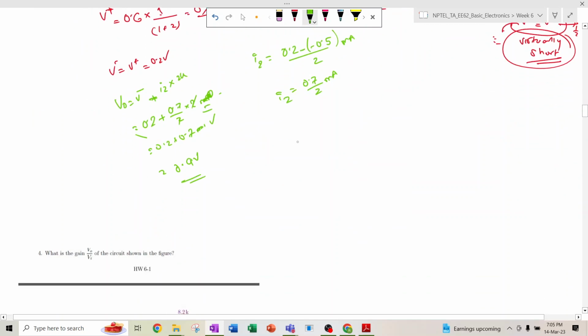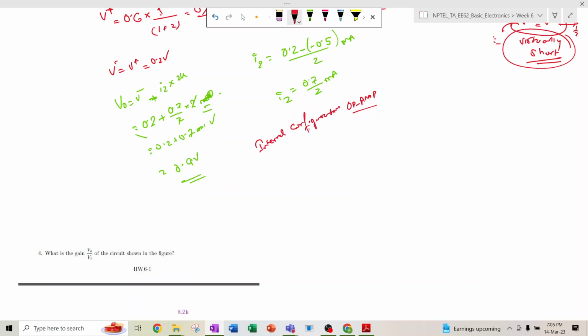I want to discuss one thing. This is the internal configuration of an op amp. The internal configuration of the op amp is like this.